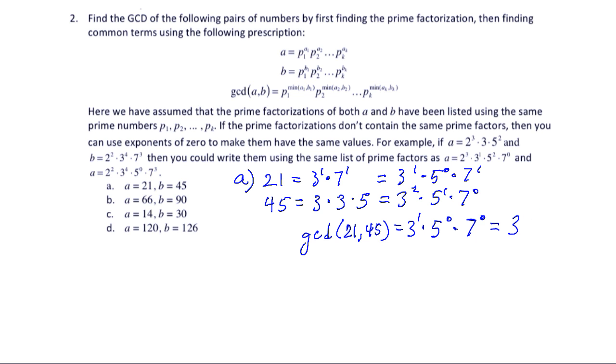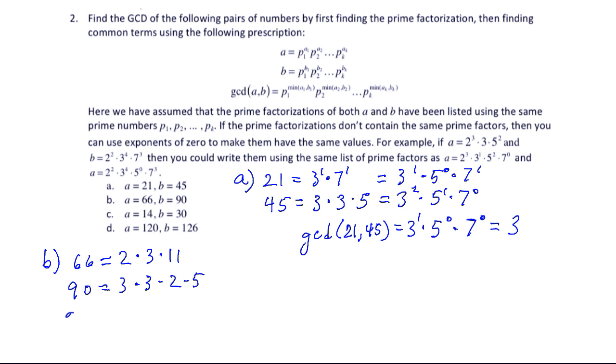For part B, I'll just go a little bit more quickly through the remaining parts. 66 is 2 times 33, which is 3 times 11. And 90 is 3 times 30, which is 3 times 10, which is 2 times 5.